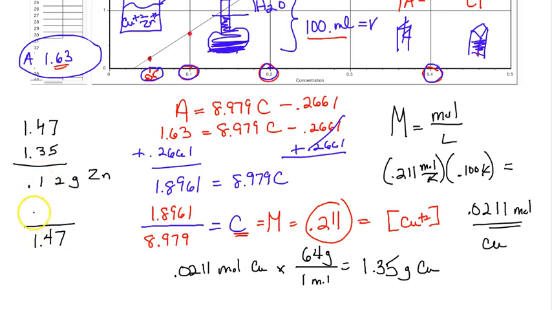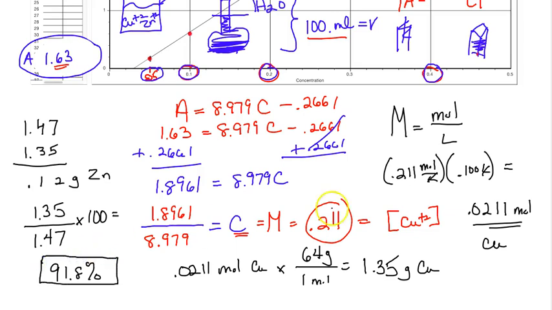The part is 1.35 in my math, times 100, and that's going to give me the percent by mass of copper in this brass. So 1.35 divided by 1.47 times 100, and in this case, I get 91.8% by mass. Now, you should not get something that high.